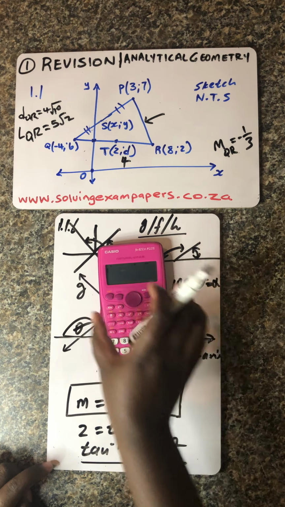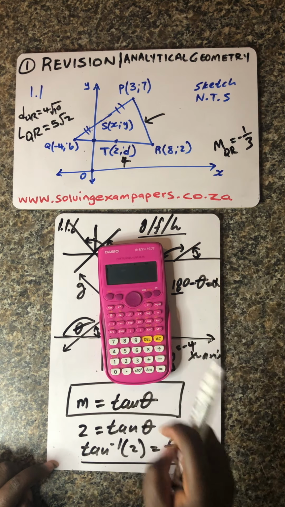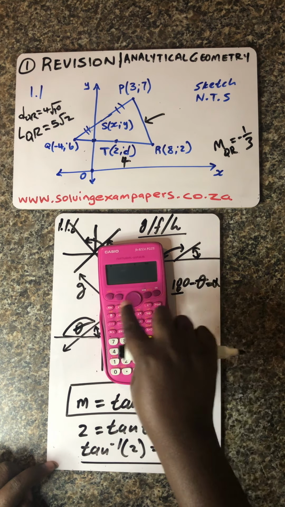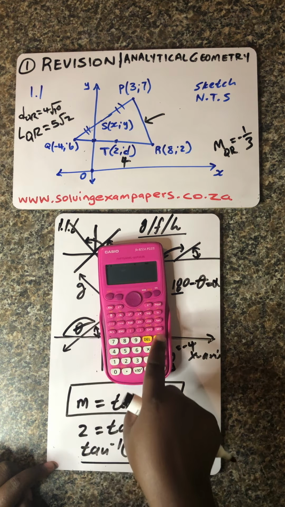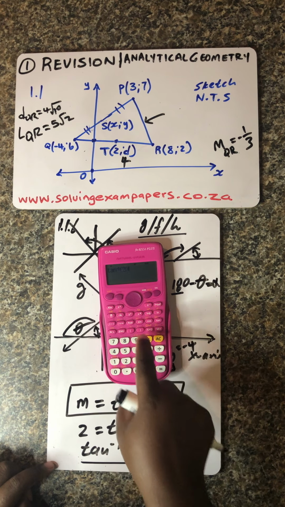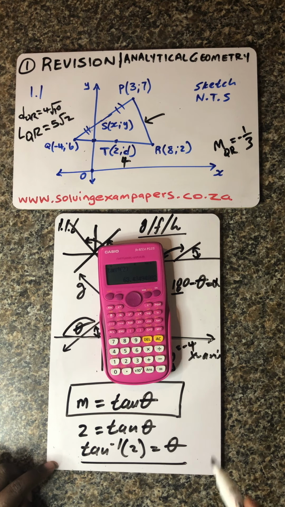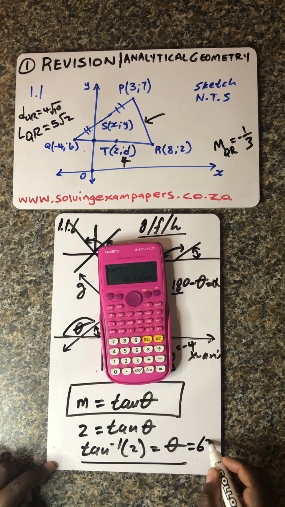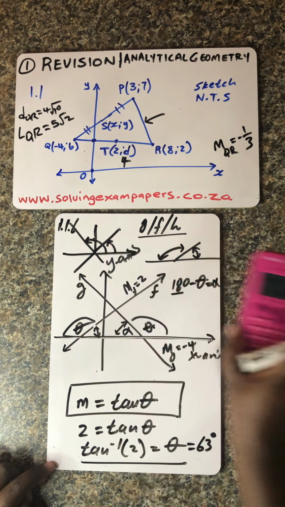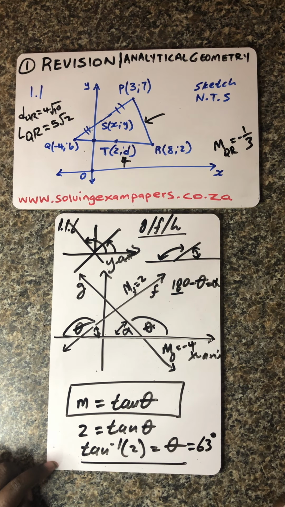Let's just punch this and see. Remember, your calculator has to be in degrees. Then shift tan of 2 is equal to, we get 63. So the answer that we get is 63 degrees, which is an angle less than 90.